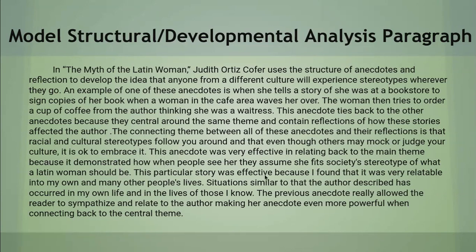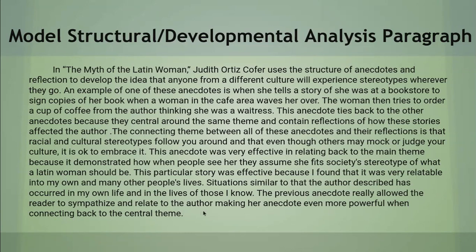The particular story was effective because I found that it was very relatable to my own and many other people's lives. Situations similar to what the author described have occurred in my own life and in the lives of those I know. The previous anecdote really allowed the reader to sympathize and relate to the author, making her anecdote even more powerful when connecting back to the central theme.